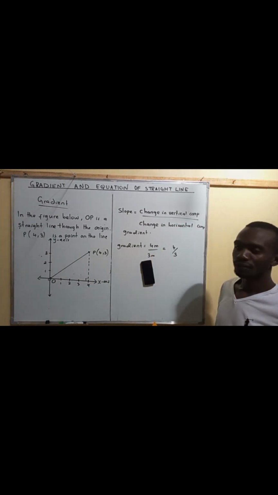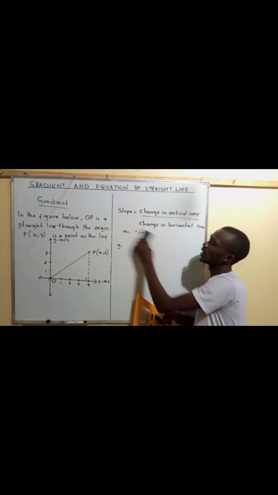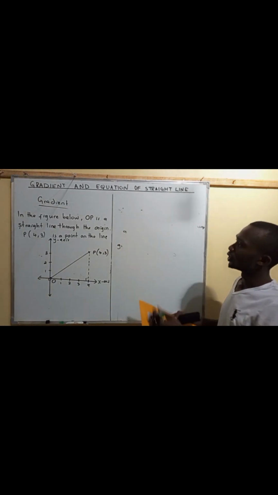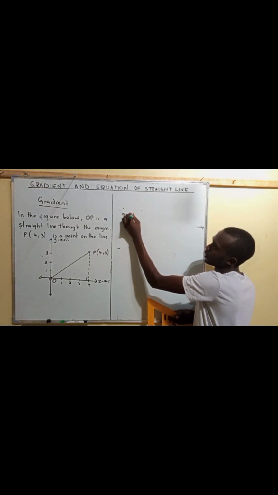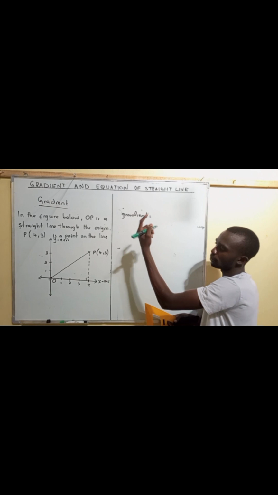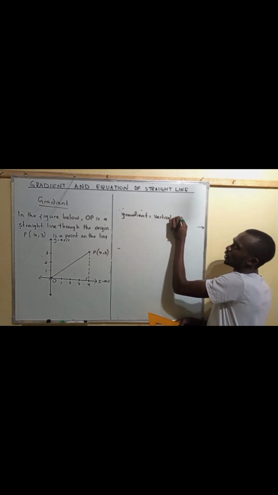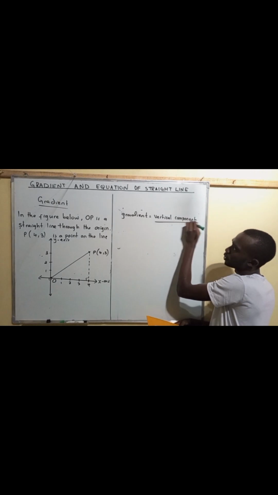To find the gradient of this line, we are going to apply the same formula. The slope, which is the gradient, is the same as the change in the vertical component over the horizontal component.